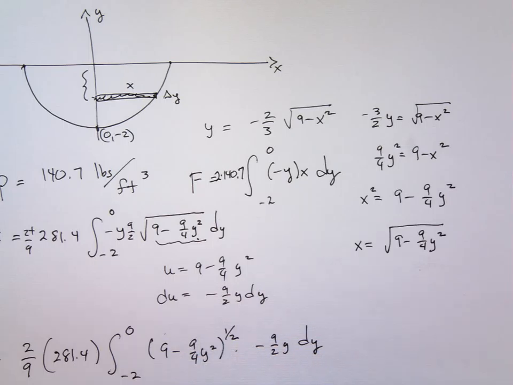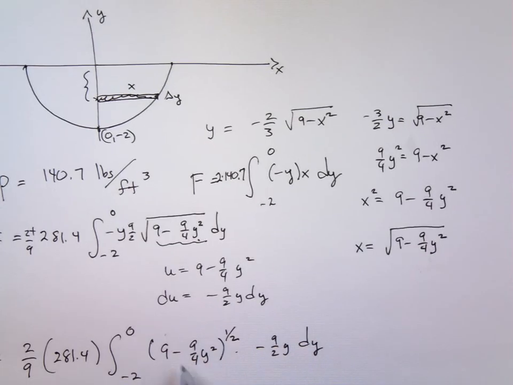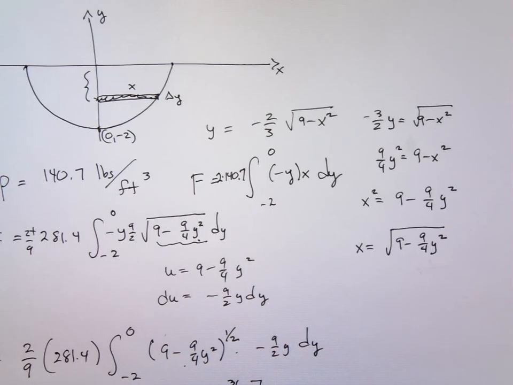They want an actual value. I'm going to keep on going. All right, so what do we end up with? Well, you're going to have to do the decimal part here for me. This over 9. We got negative 2 to, here, I'm going to do the integral now. This is u to the 1/2 du, so it's 9 minus 9/4 y squared to the 3/2 times 2/3 from negative 2 to 0.